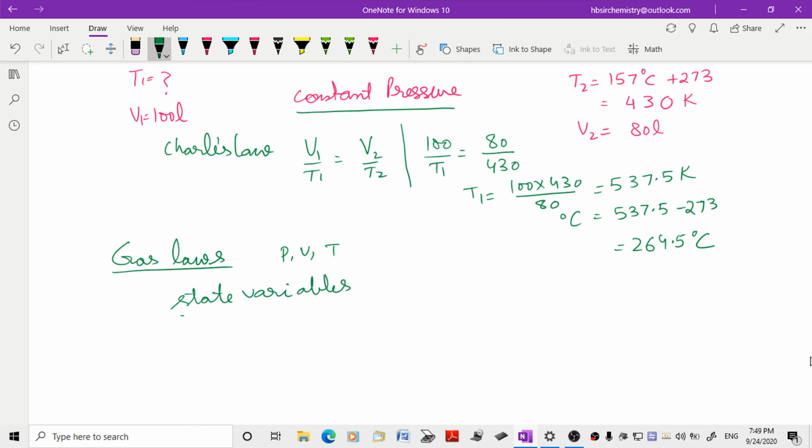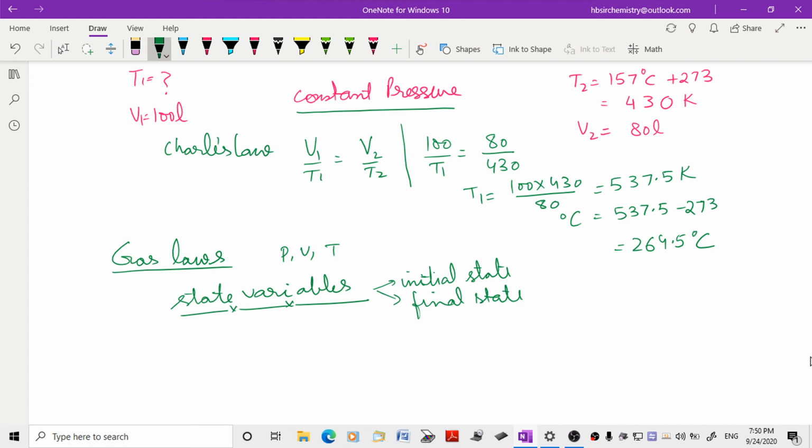They are known as state variables because they do not depend on by what system the things are brought to a change. They only tell us the initial state, and they are used to describe the final state. We are not interested in how this has been changed.